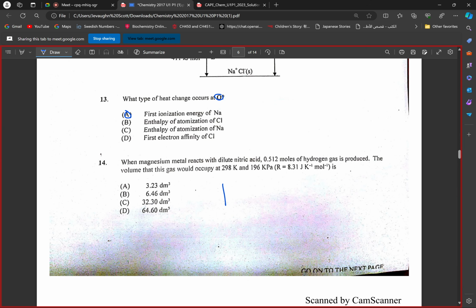Is it PV equals nRT? Yes, sir. nRT, so V is equal to nRT over P, right? And we're just dropping all the answers. So what's the answer here?